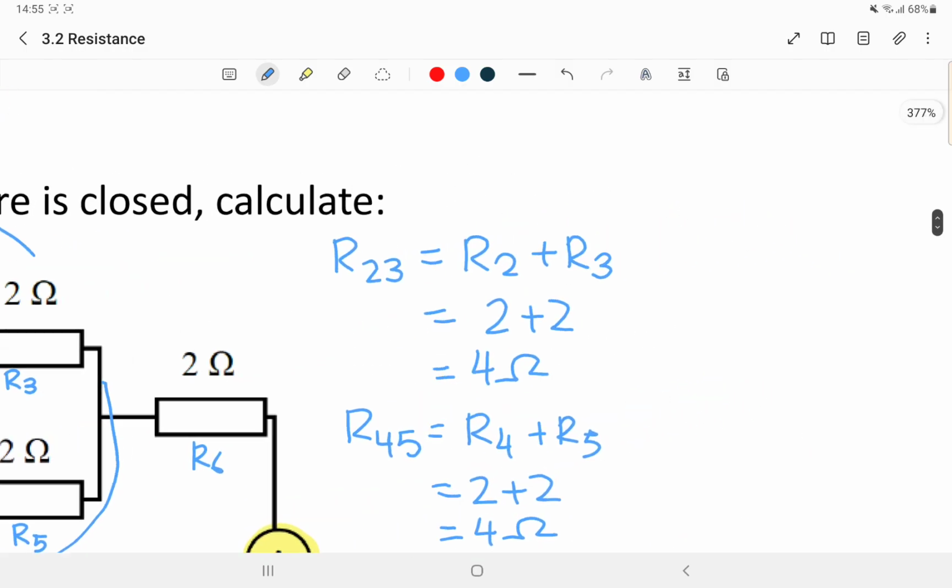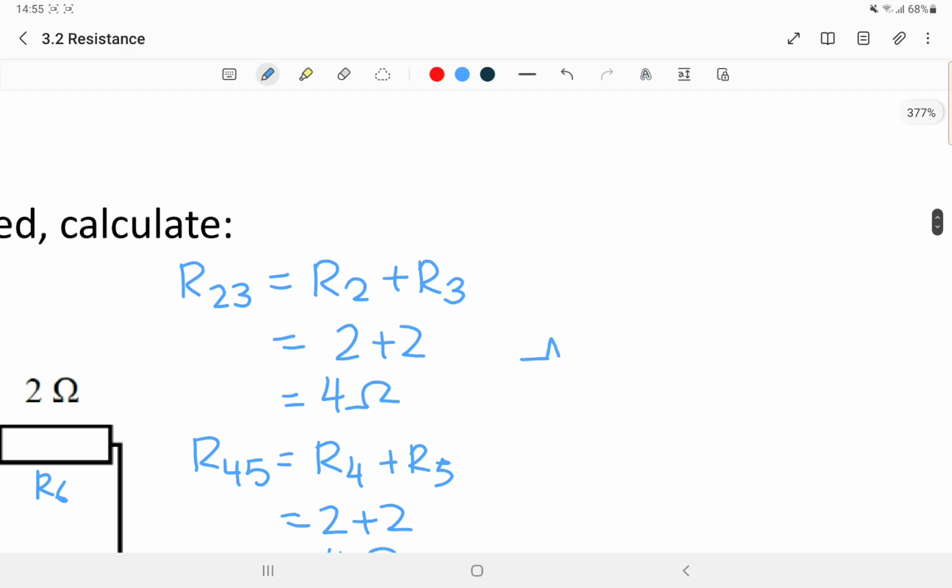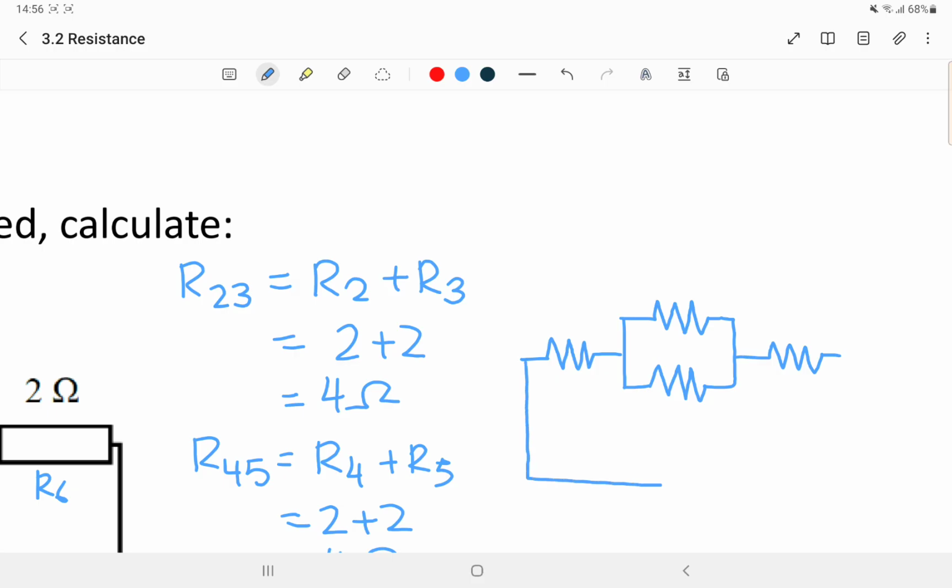Okay, so now the simplified circuit will be like this, where this is R1, this is R2, 3, this is R4, 5, and this is R6.